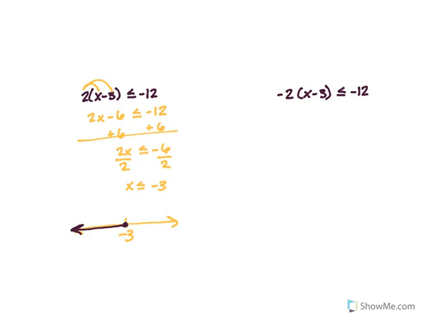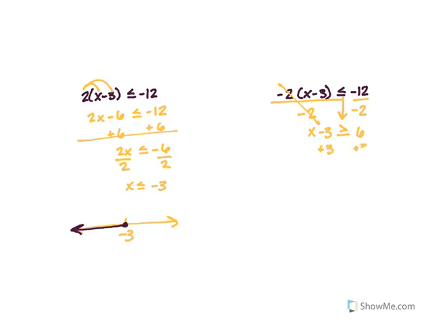Now let's try the other one. So I'm going to divide by -2 first. And when I do that, my -2's go away. But I also need to switch the direction of this sign because I'm multiplying or dividing by a negative number. In this case, we're dividing by -2, so it switches the sign. Then I have x minus 3, and this is going to be 6.